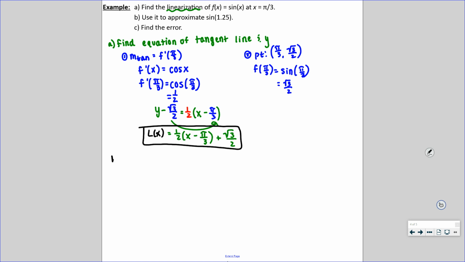I'm going to use this linearization equation, plug in 1.25, to approximate this. I don't have my graphing calculator pulled up, but I got about 0.9674.